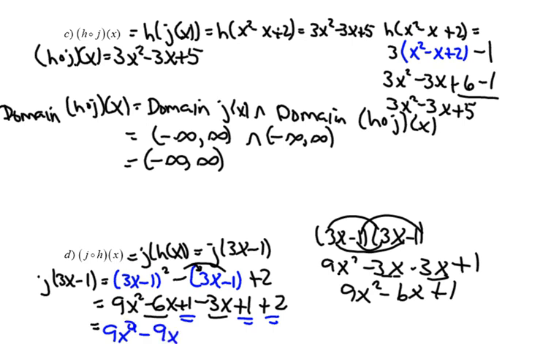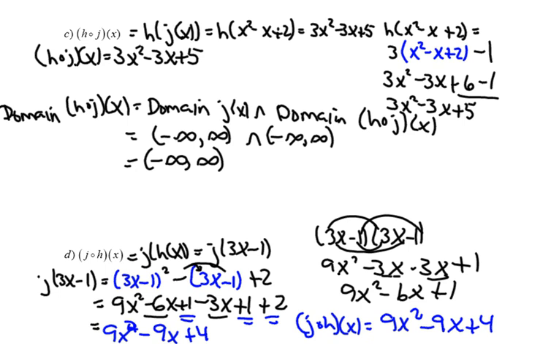Oh, that should be a 2. So, you now know this. So you can tell switching the functions in this particular case give us two completely different answers for this.